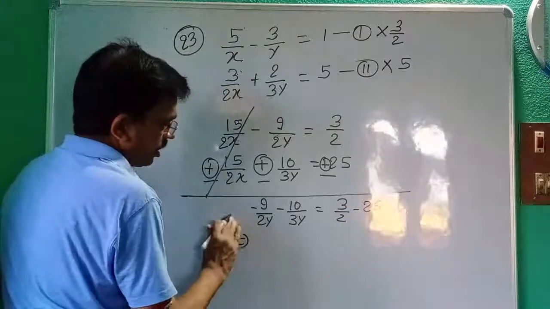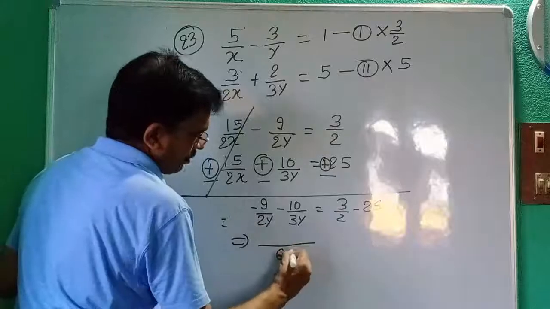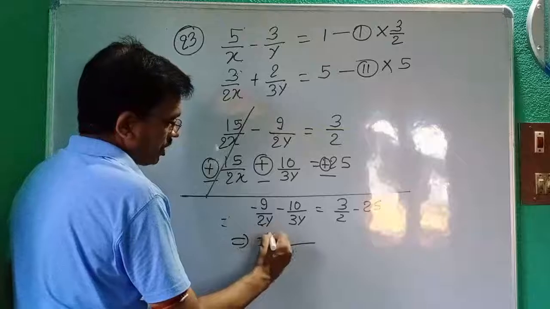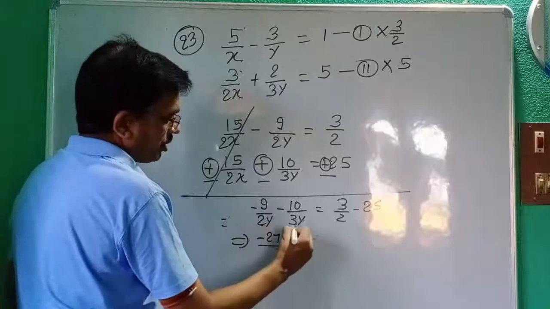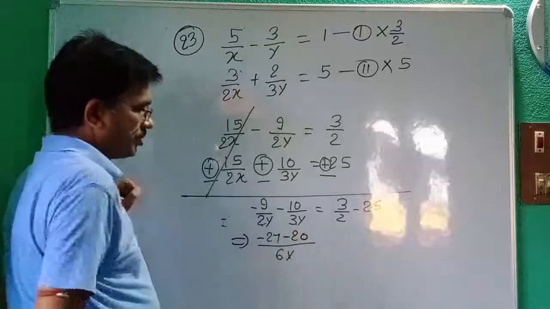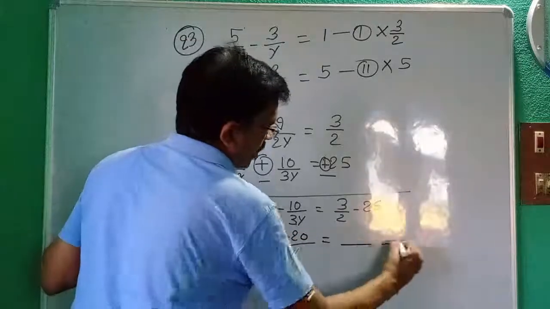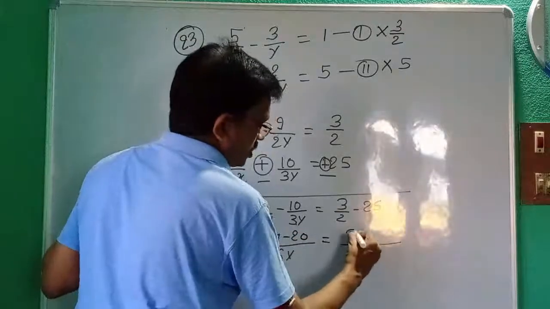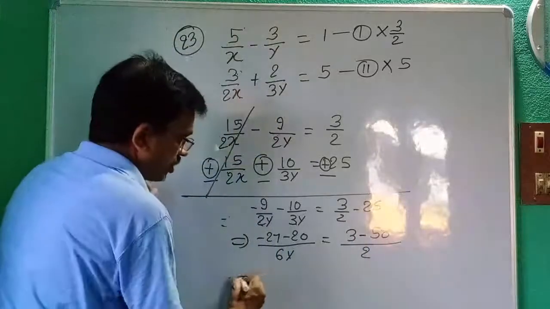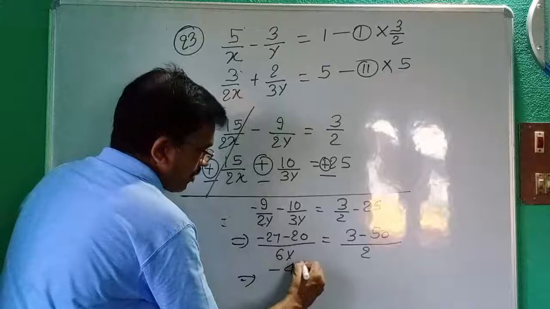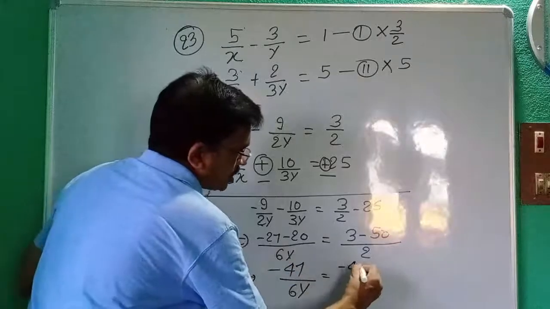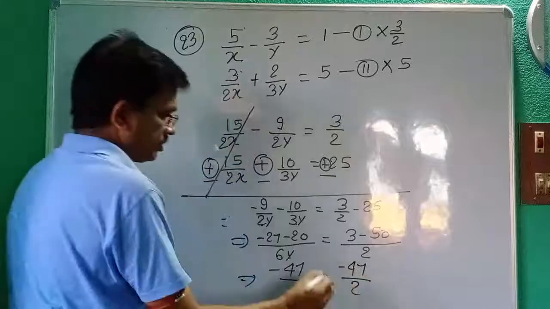Now you write here the LCM is 6y, of 2 and 3. So it is minus 27, and 3, 2 then, so it is minus 20. Is equal to, here is 2, it is 3, minus it is 50. Dear student, here is minus 47 by 6y, here is also minus 47 by 2.